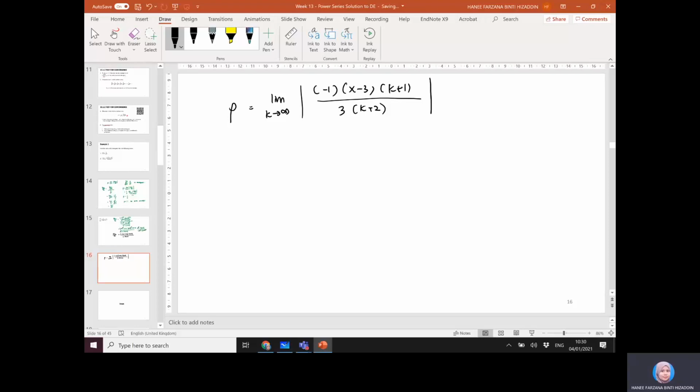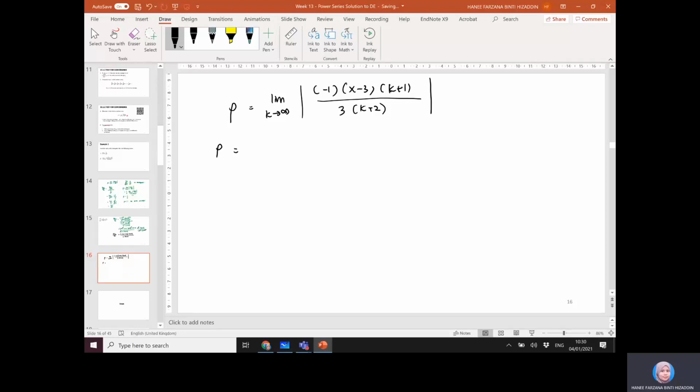Looking at this term here, inside the modulus we have the term k, and we don't want anything to do with the x other than the k. So we take out anything that is not k outside.